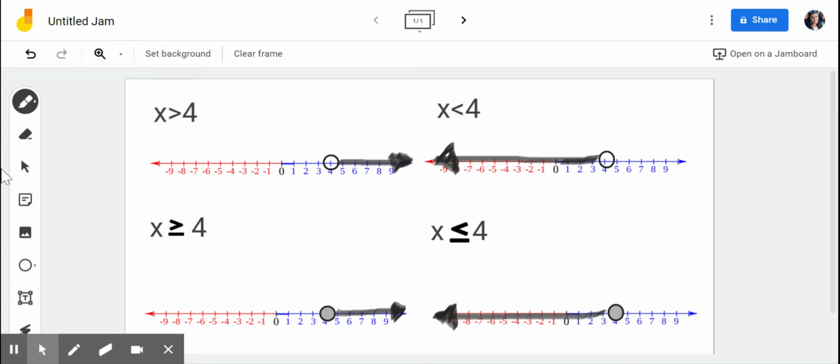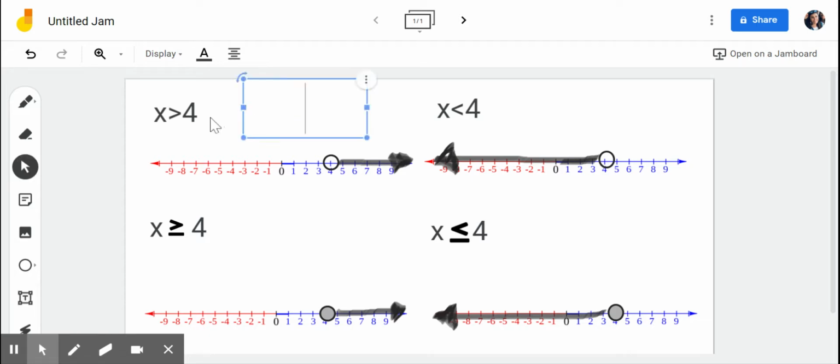Now, one more thing I want to show you. I'm just going to show you with 1 or 2 examples, not all 4. These can mean the same thing depending on which side of the inequality sign the variable's on. So what I mean by that is x is greater than 4 is the same as saying 4 is less than x.